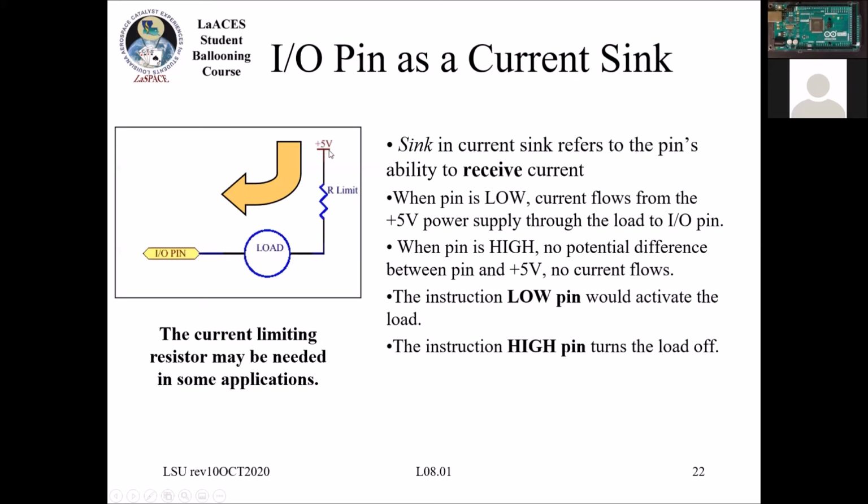When the pin is high, this and this are at the same value, so you basically do not have any current flow. And again, you're going to want a limiting resistor to prevent high currents from damaging either your load or your I/O pin.